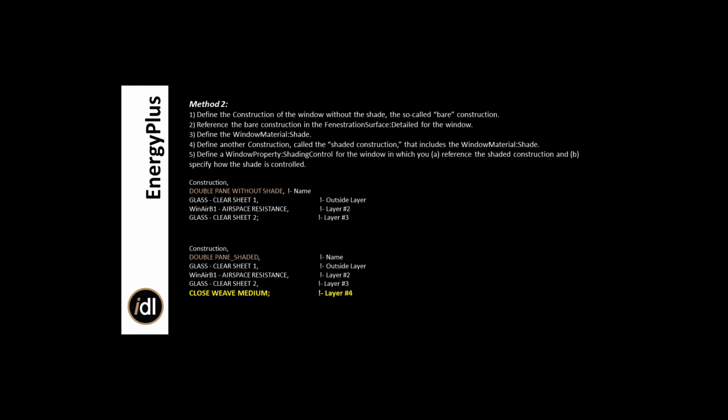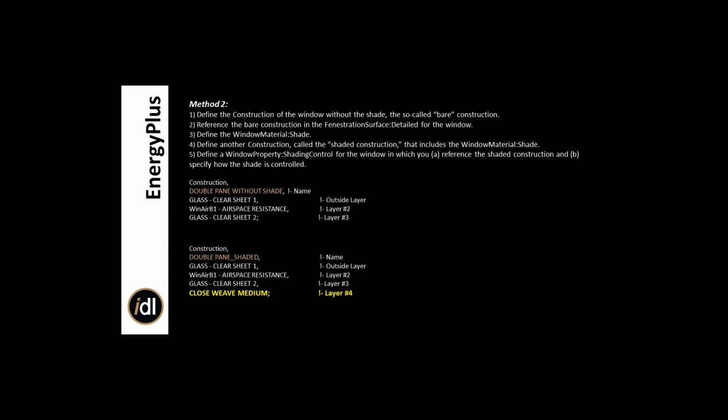But for the second method, you can make two constructions. The first one, as a bare construction, you don't need to add any shading materials to that. But for the second one, that we can call shaded construction, you can add your blind or shade as a last layer of your construction and name it as shaded or anything else.